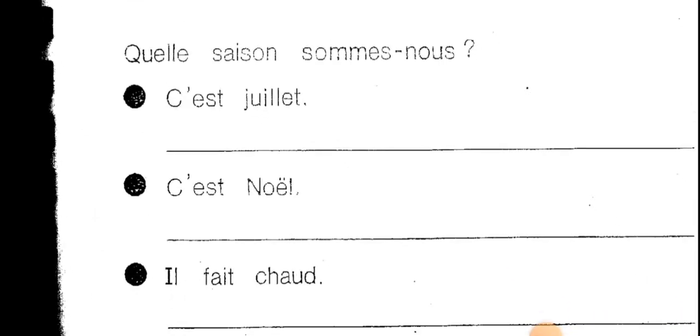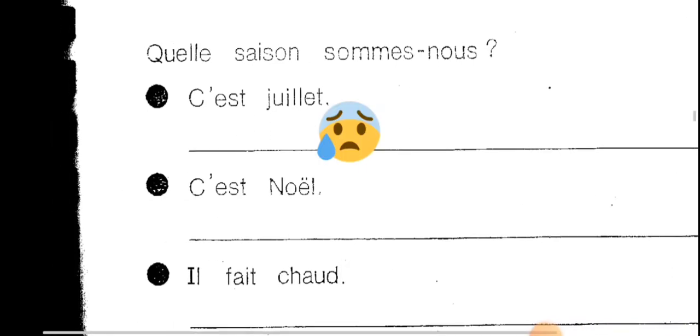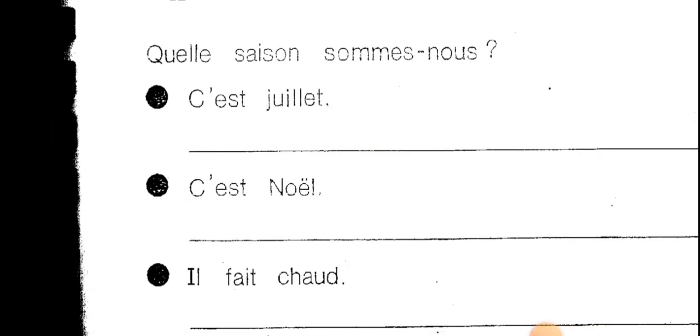Remember this month, juillet. What month is that? That's right. That's July. So the sentence, c'est juillet, means it's July. And what season do we experience during the month of July? Of course, if you're sharp enough, you realize that this is always summer.